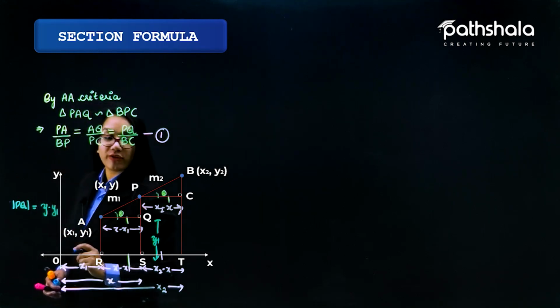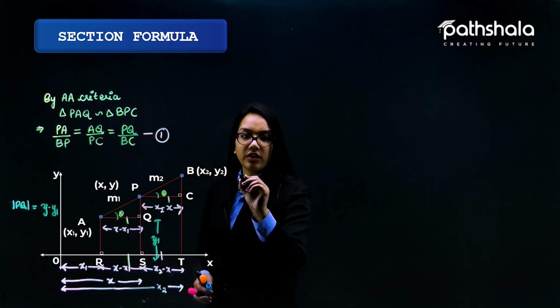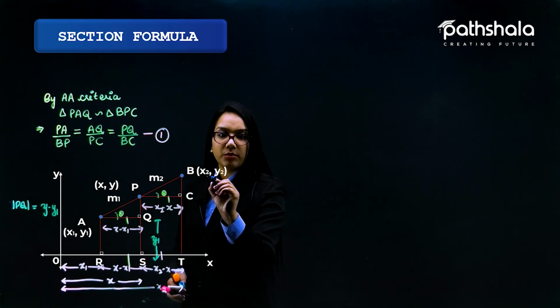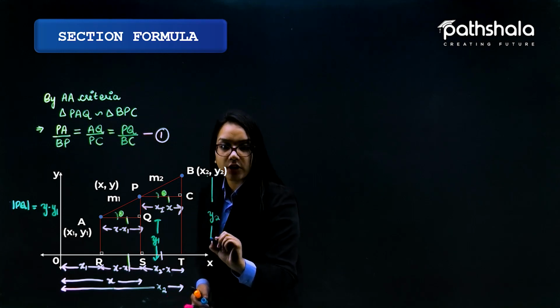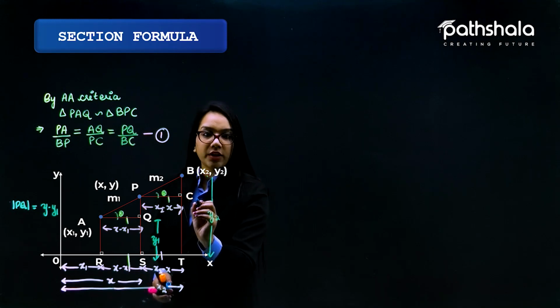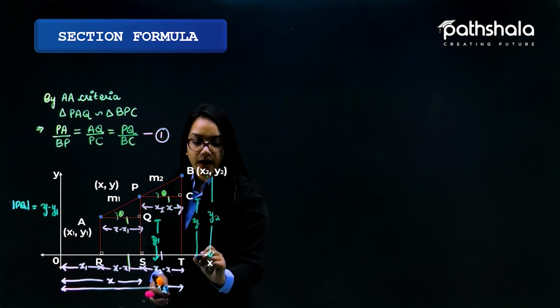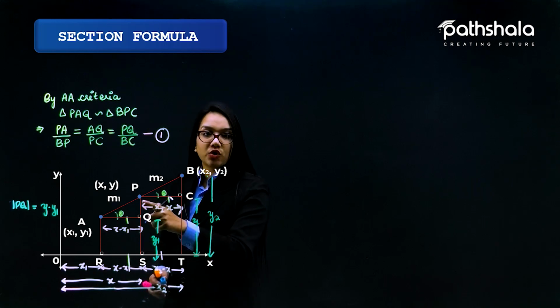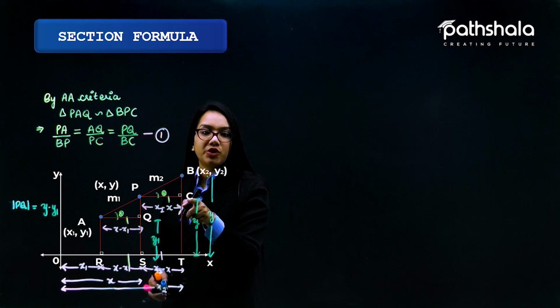Now let's talk about the BC distance. As we can see over here, this distance is total y2. The coordinates of C should be such that its distance from the x-axis is y, as the coordinates of P are x comma y, so C's y coordinate should be y.